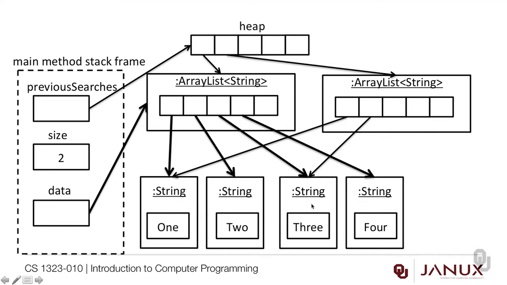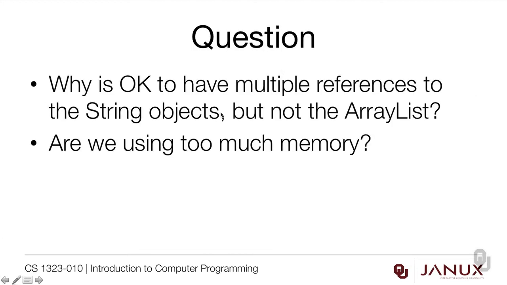And so those are not being repeated. There's only one copy of each one of those. These are the things that you can do because string is immutable. These array list objects, they're relatively small. And so that's really not so much of a problem. And of course, the heap is just references. So remember, references are tiny, so there's really no problem here with memory usage.